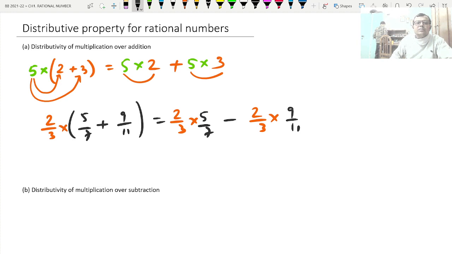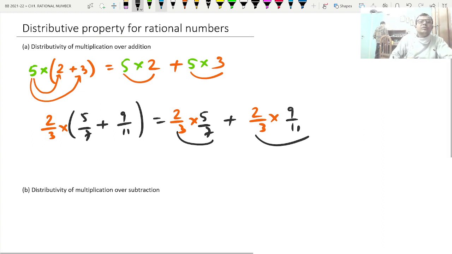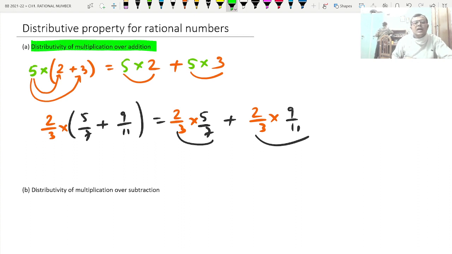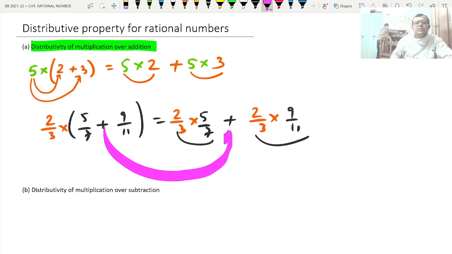Then the sign will be the same. Is this understood? This property of rational numbers is known as distributive property, distributivity of multiplication over addition. This sign goes to this place. Alright. Is this clear, all of you?